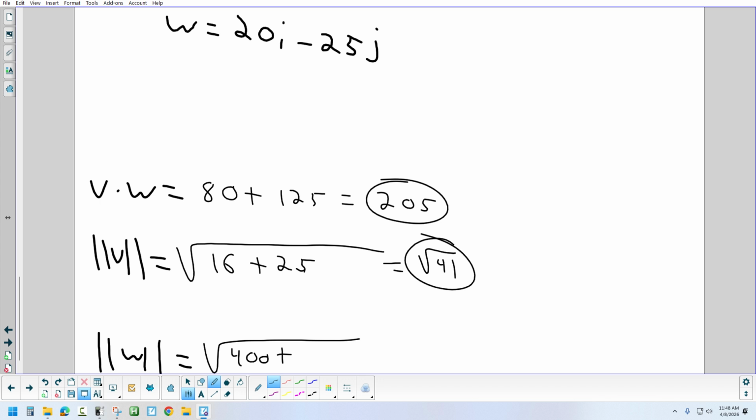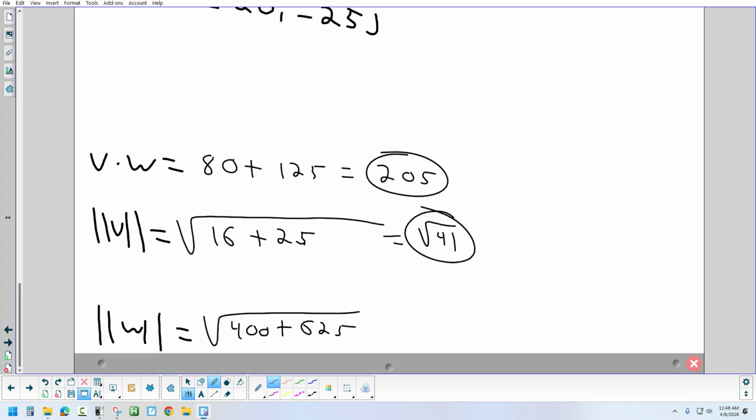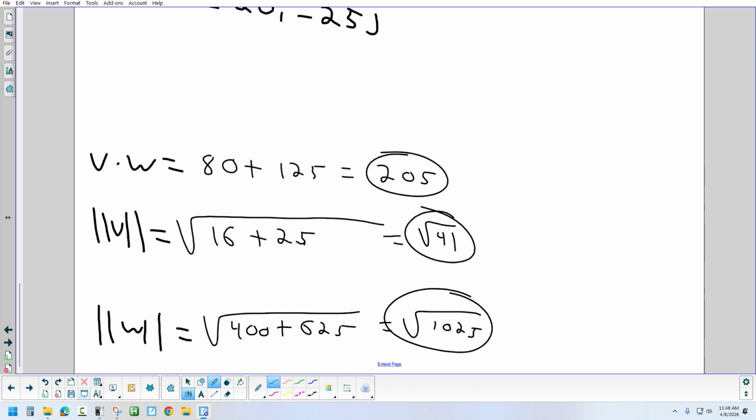Yep. 625. Okay, add them up, and we get the square root of 1,025. Okay, we've got everything calculated that we need to determine if they're parallel.